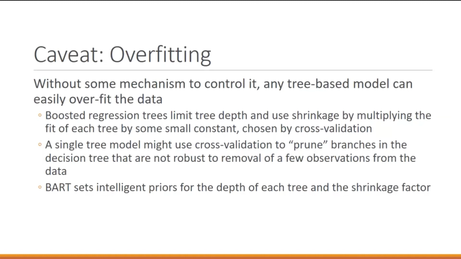If we're talking about a single tree model, we might use cross-validation again, but here it would be pruning branches in that decision tree that aren't robust to the removal of some observations. So the final decision that splits 2 observations each into their own bin is unlikely to be something that is supportive if we happen to do a cross-validated sample and one of those observations is no longer in our sample, right?